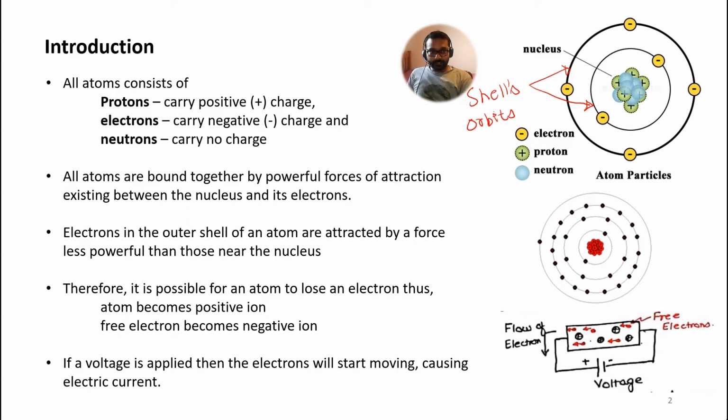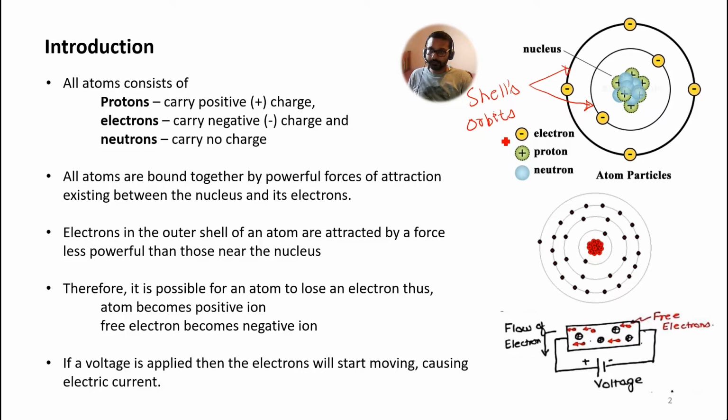Now the nucleus consists of protons and neutrons. Protons carry positive charge, whereas neutrons are neutral, they do not carry any charge, right? And electrons are negatively charged and they revolve around this nucleus in different shells or orbits.